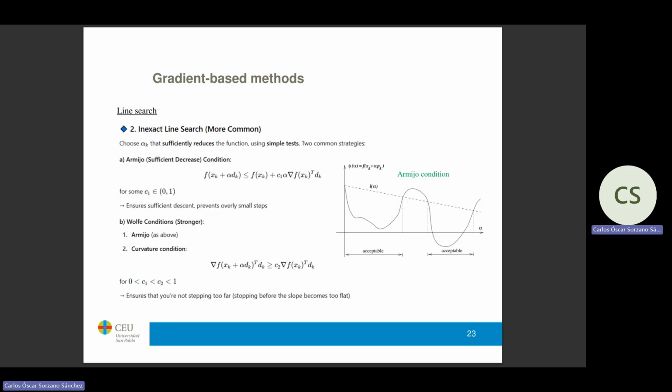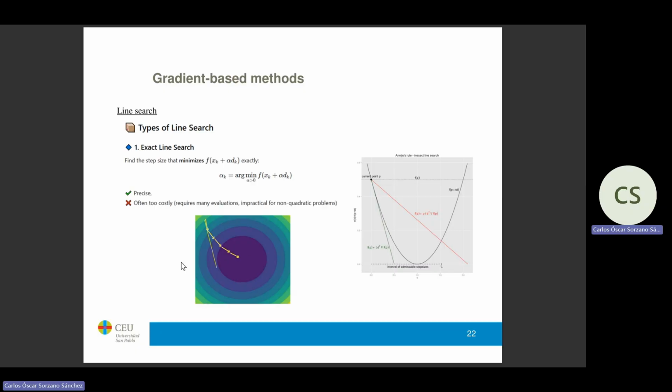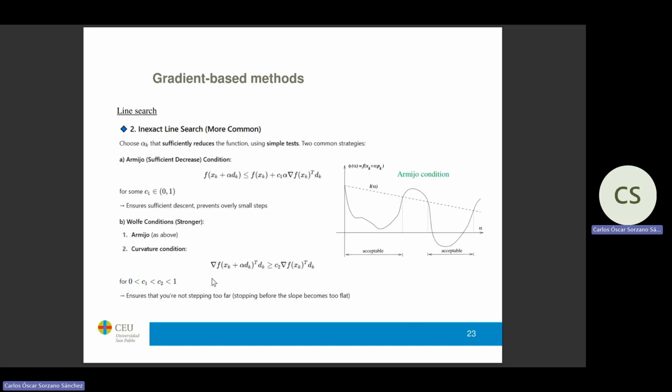And then there are some shortcuts. Okay, it will not be the minimum along the line, so it will not be the best point that I can have along this line, but it is sufficiently good. And sufficiently good has to be defined somehow.